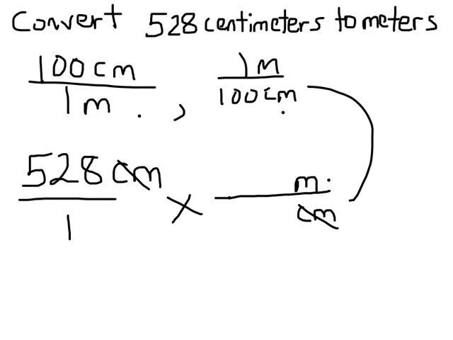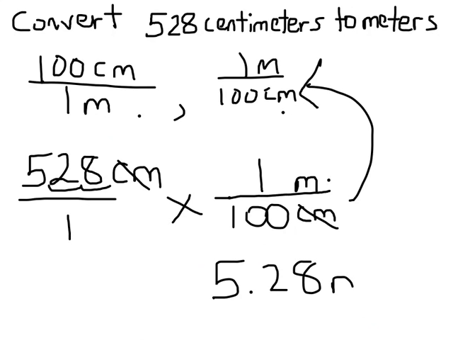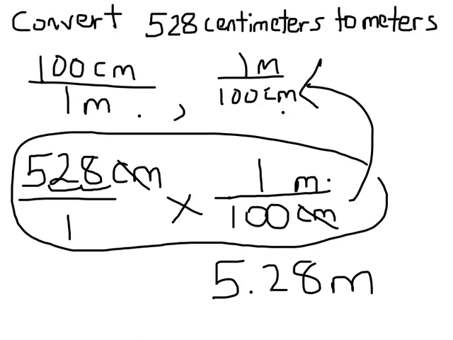This one here is the one that gives us what we need, so we'll put 1 over 100. And like I said, we are not interested in your finding an actual answer. Obviously, if you were going to, you would take the decimal and move it 2 places, so you would have 5.28 meters, but this is all we're going to be looking for when we grade your work. We want to know that you can set it up correctly. All right, go to the next frame.